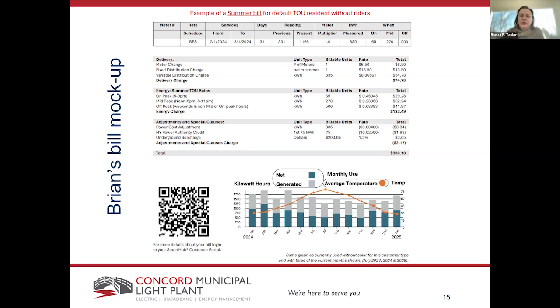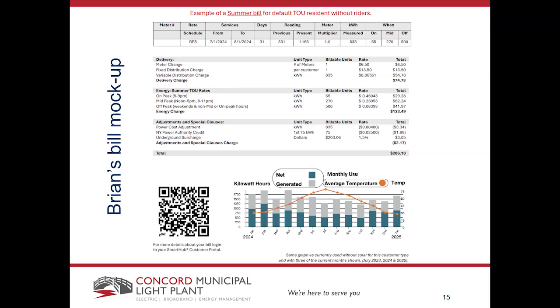Yeah, I think it should just be one, whatever you want to call it. I would clump this variable distribution charge and fixed distribution meter charge into one. You know, it's the delivery charge.